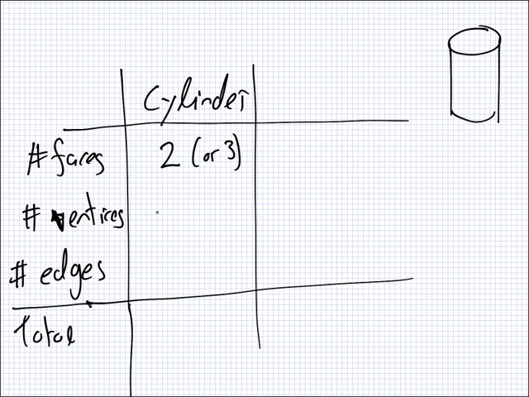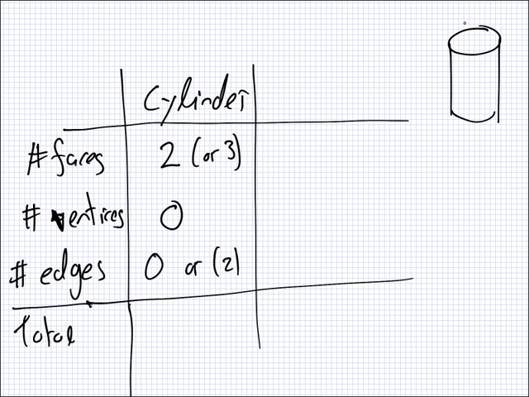Vertices: none, there's no point. There are no vertices. And edges? Is there any edge like this? None, or maybe 2, if you want to count this. So it's not so clear. But let's look at the next shape.